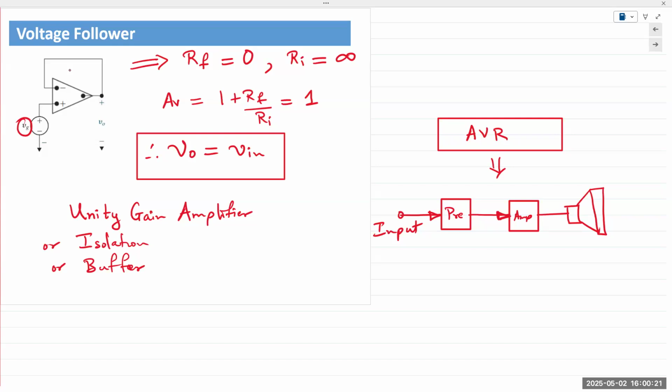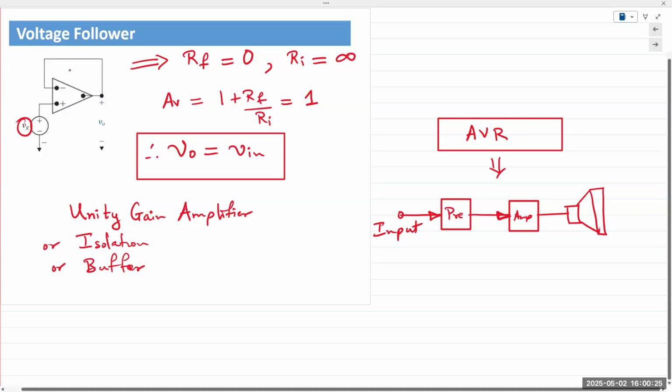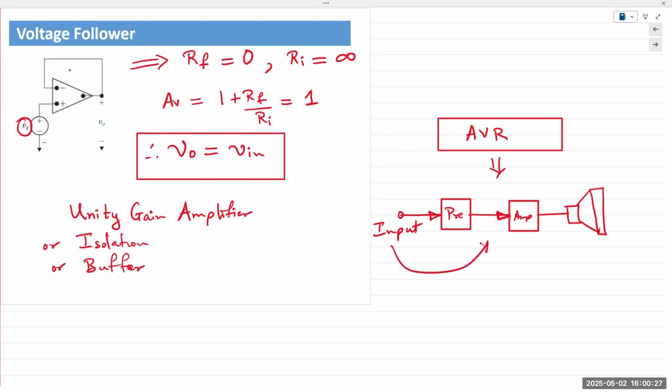But that input circuitry cannot provide that high amount of current. So if we connect the input directly to an amplifier, it's not going to work, because the voltage and current in that input are very, very small.